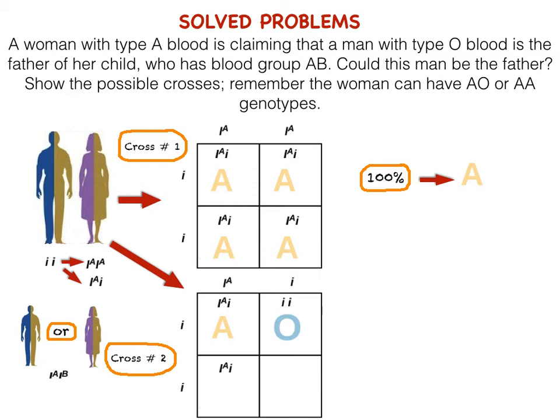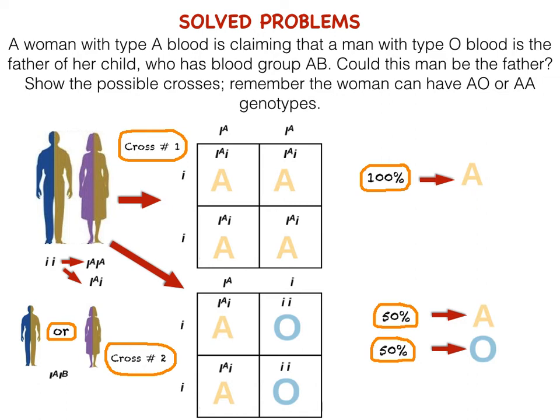Again, in this box you'll have a child with the A blood type, heterozygote, and the last box will have O. So 50% will have A blood type and 50% will have O blood type. So in every possible way of cross, a man who is O blood type cannot be the father of a child with AB blood type when the mother has an A.